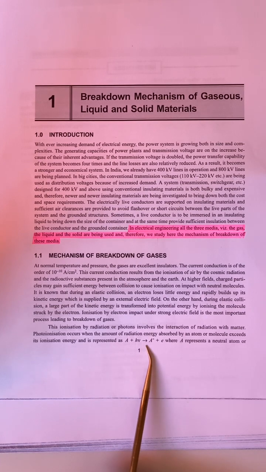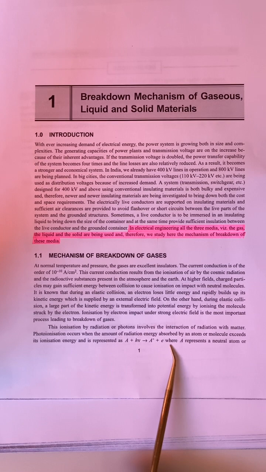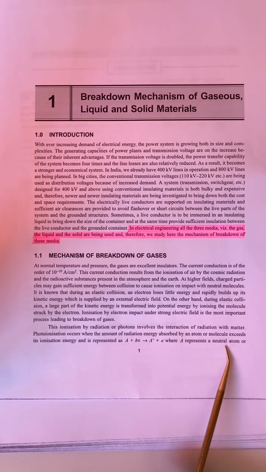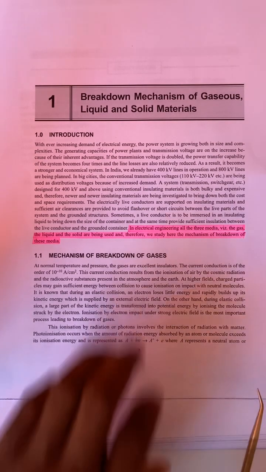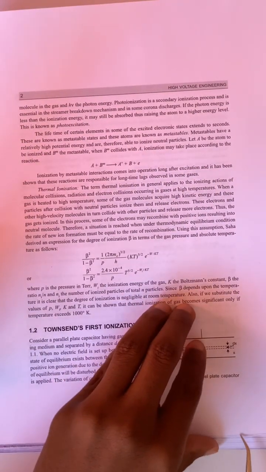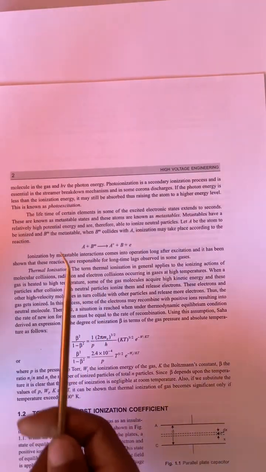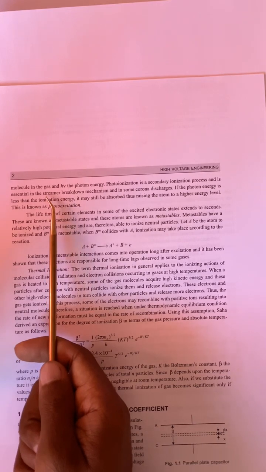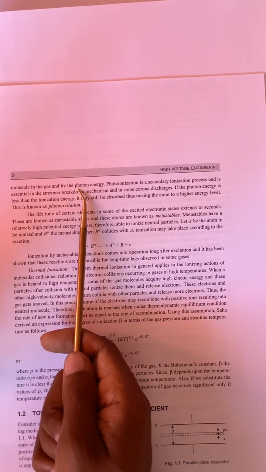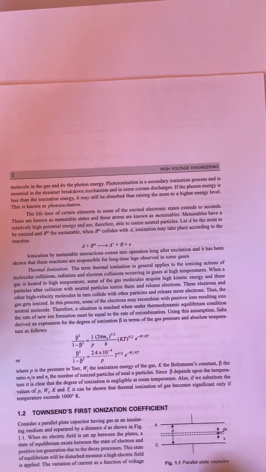And this leads us to saying A plus plus E, where A represents a neutral atom or a neutral molecule in the gas, and HV, the photon energy. Okay, all right, let's do this.